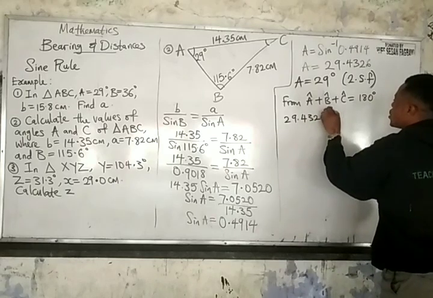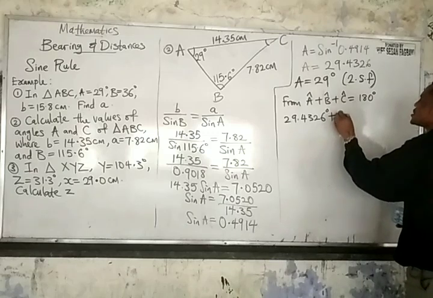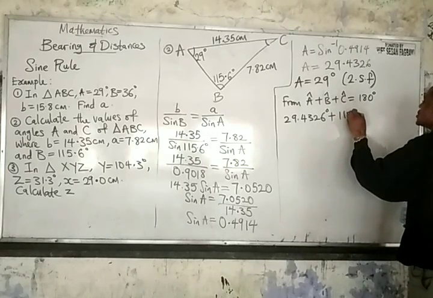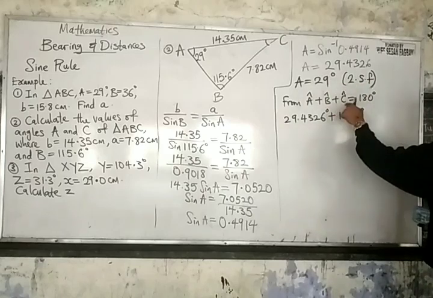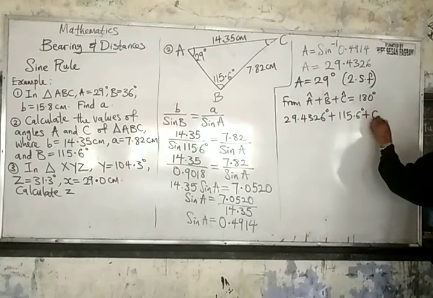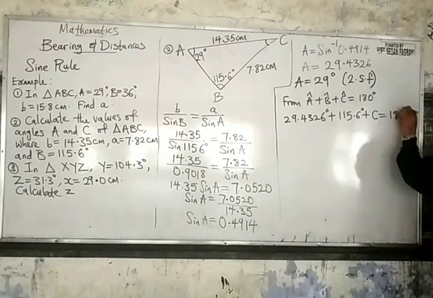29.4326 degrees, plus angle B, which is 115.6 degrees, plus angle C, exactly what we are looking for, to give us 180 degrees.